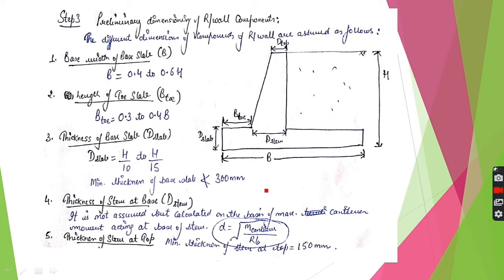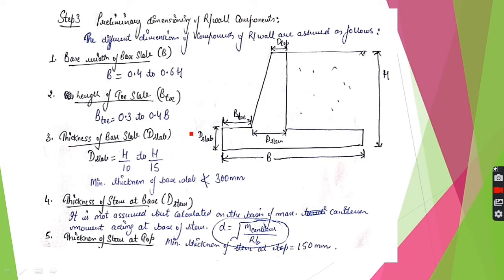Now your question changes to the one which we studied in the previous lecture, that is stability analysis, in which you were given a retaining wall with given dimensions and given soil parameters, and you had to check whether that retaining wall is stable or not.